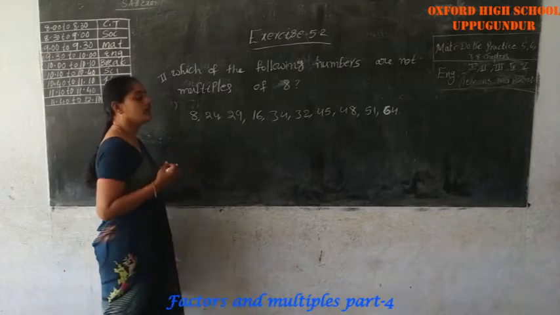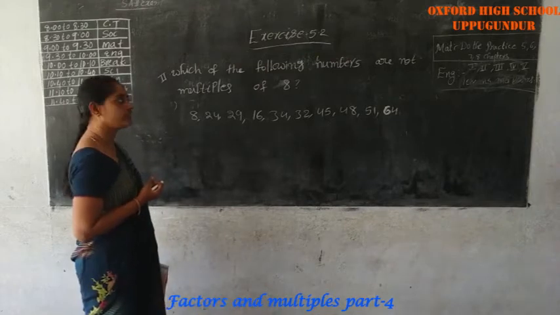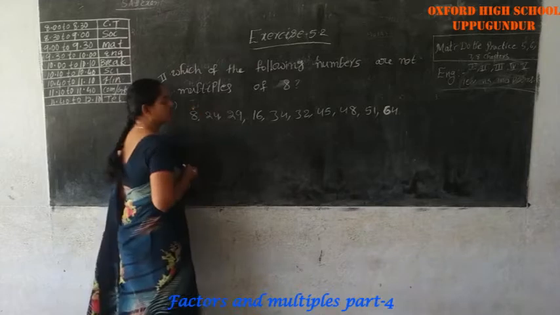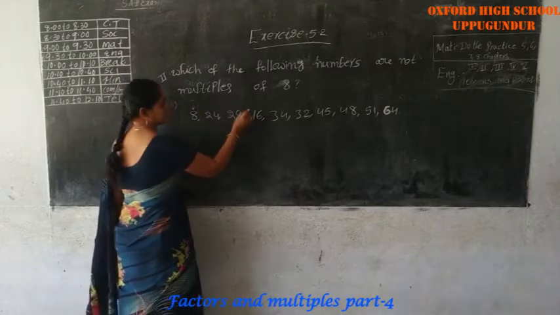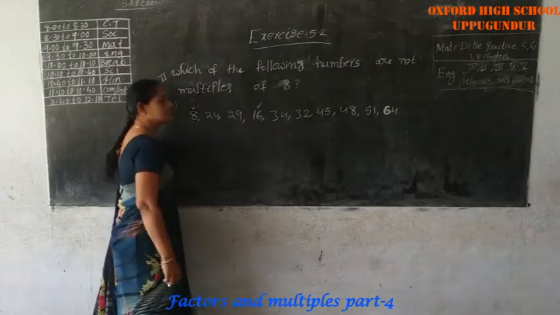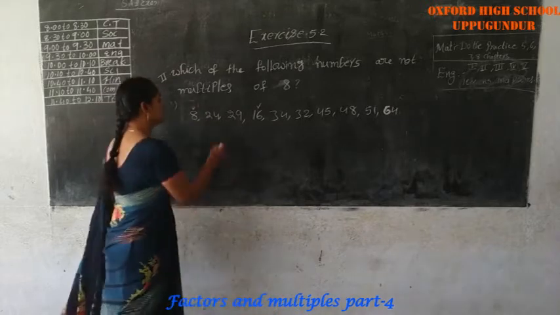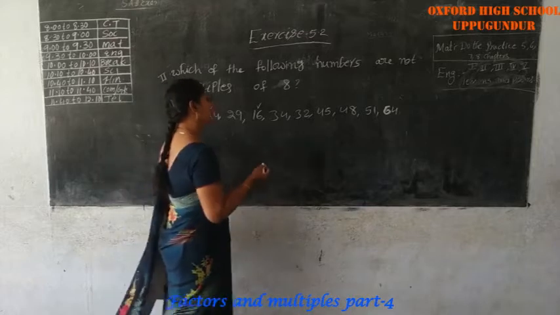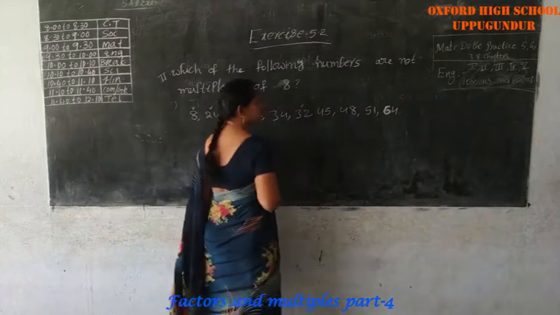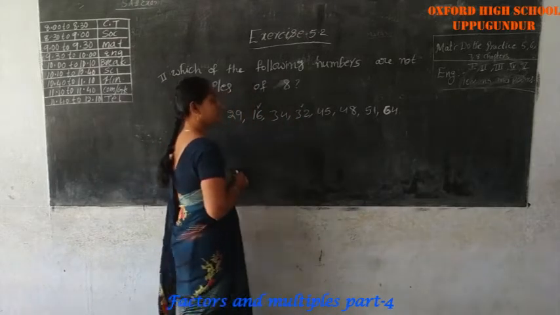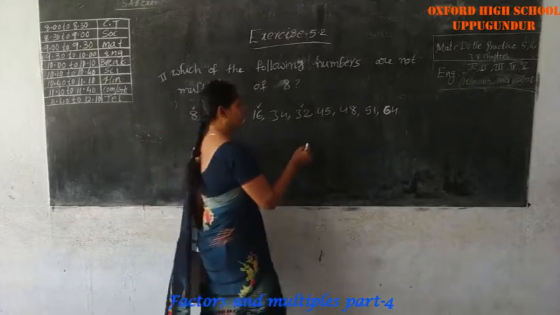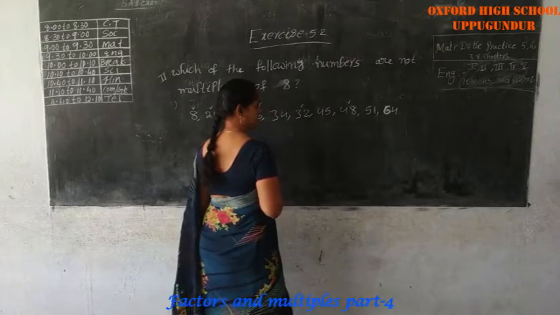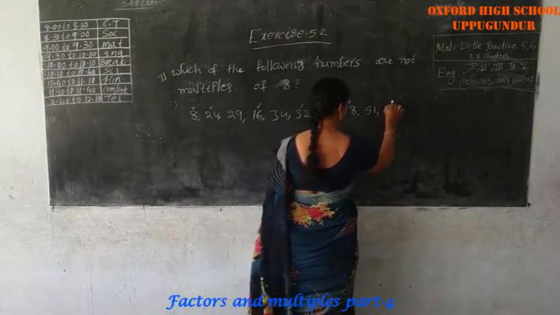See, first 8 multiples. 8 factor multiples. See, 8. 8 1 jar 8. Next, 8 2 jar 16. 8 3 jar 24. 8 4 jar 32. 8 5 jar 40. 8 6 jar 48. 8 7 jar 56. 8 8 jar 64.